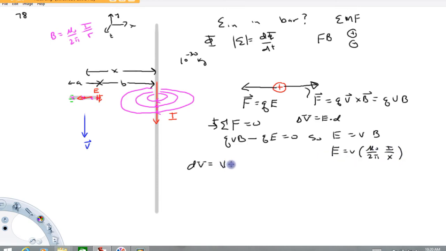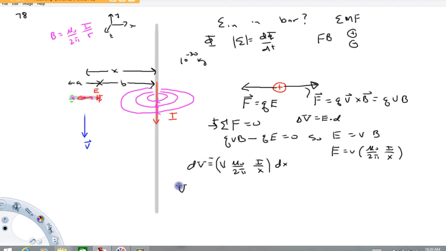That's equal to velocity times mu sub 0 over 2 pi, I over x, right? This gives the electric field times a distance dx. This would now give us the change in electric potential, and that electric potential is dropping as we move right to left.